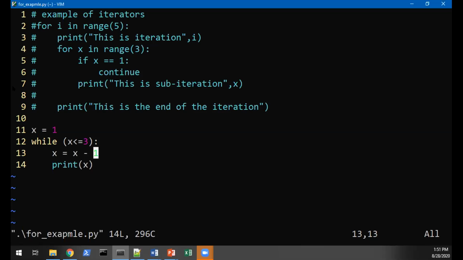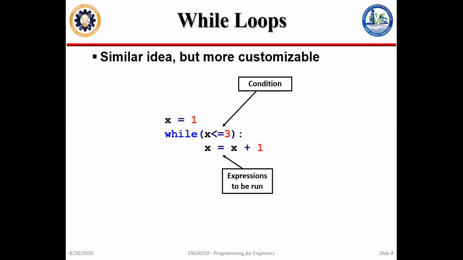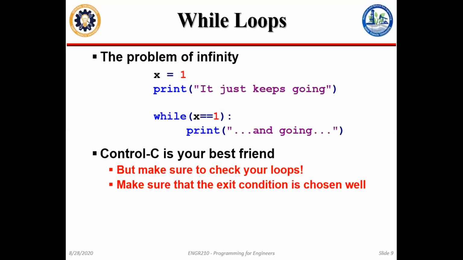All right. So moral of the story: be very careful of when your loops are set up to end, because if you aren't, you could get hit with this problem of infinity, if you will.